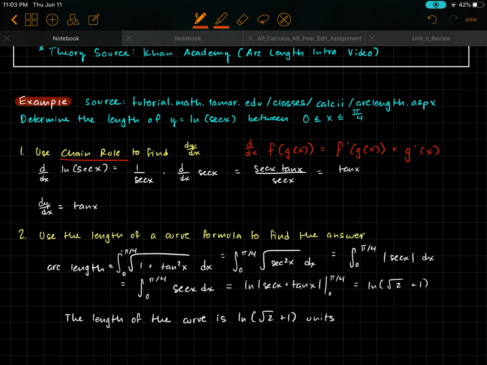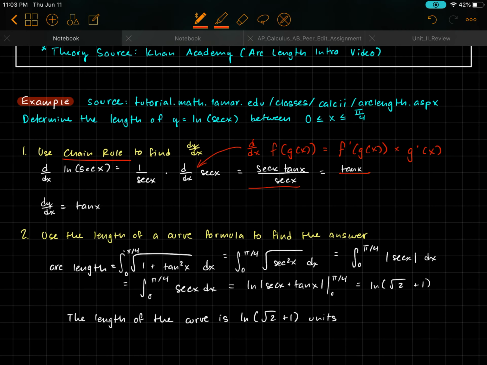And so we take chain rule and we apply it to this function that we have right here, and we get this, and we can simplify it to secant x tangent x over secant x, which just equals tangent x. So now we know that dy dx is equal to tangent x.